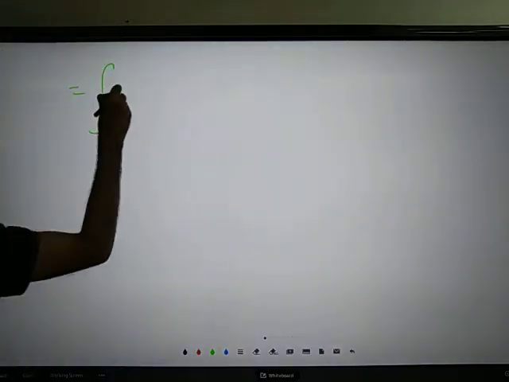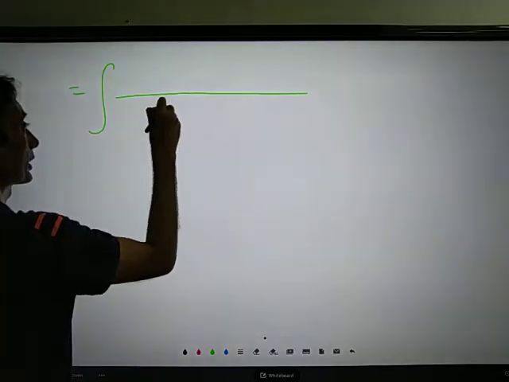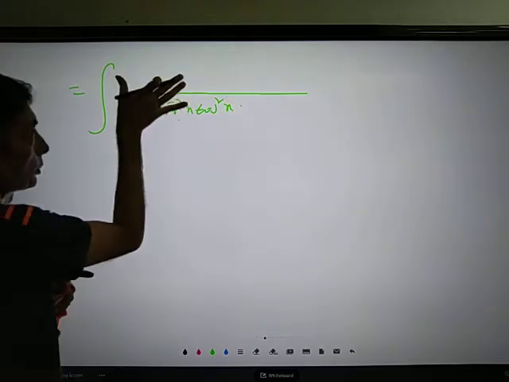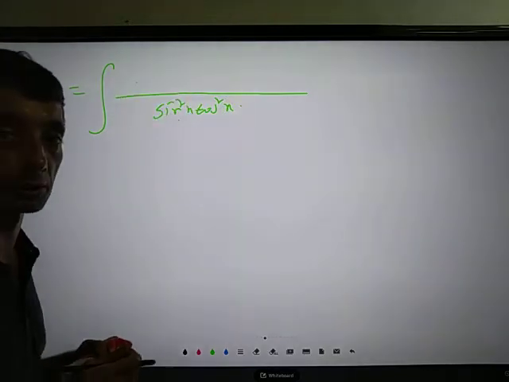And the denominator is sin square x into cos square x, and this term, sin square x plus cos square x, is 1.